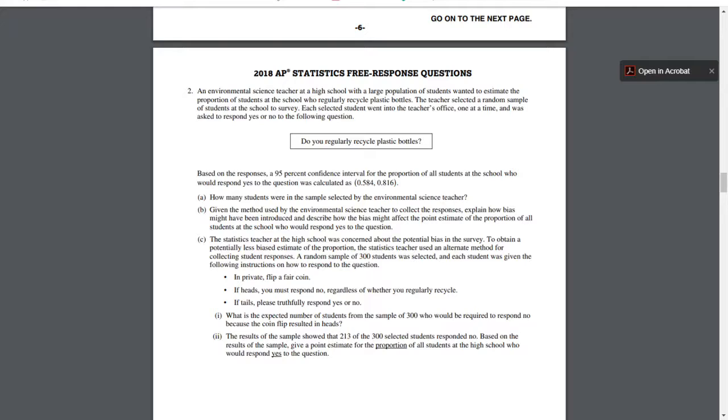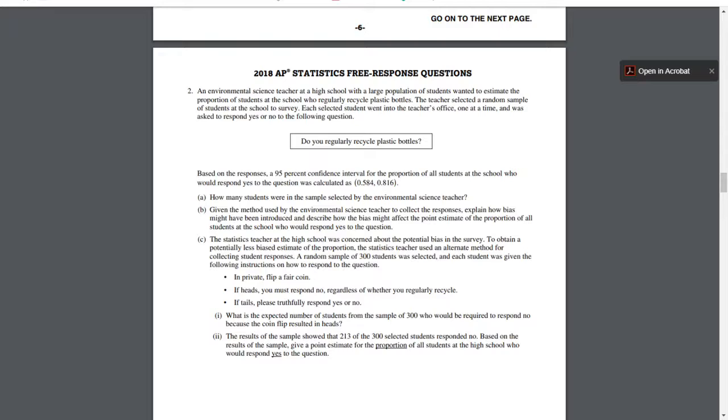In private, flip a fair coin. If heads, you must respond no, regardless of whether you regularly recycle. If tails, please truthfully respond yes or no. What is the expected number of students from the sample of 300 who would be required to respond no because the coin flip resulted in heads?